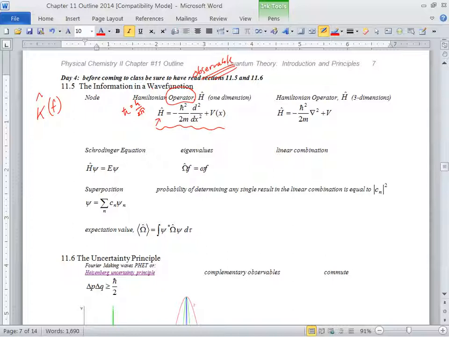So this Hamiltonian operator: h bar squared, well, it's negative, over 2m, and m is just the mass of whatever the little particle or object is, second derivative, plus V of x. We're almost always going to say that's the potential energy at position x.